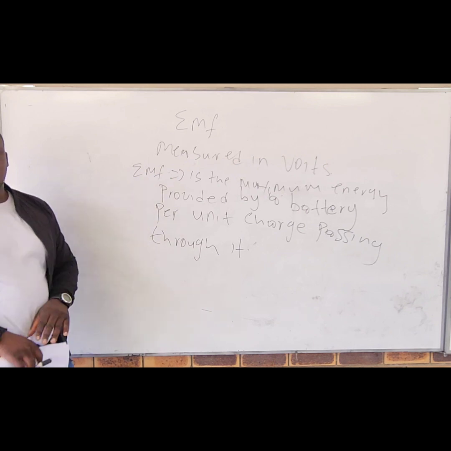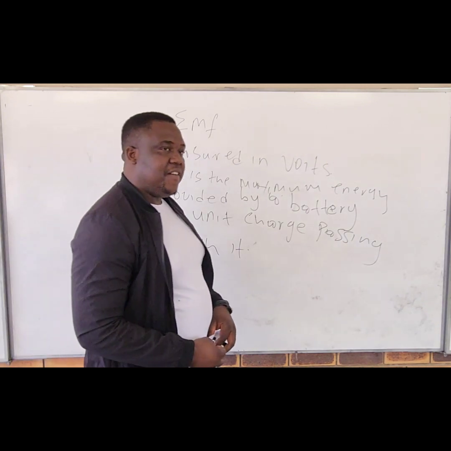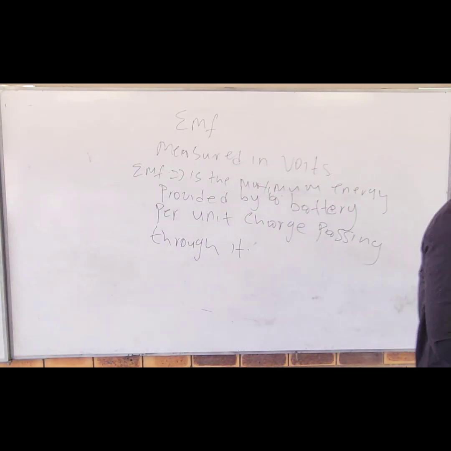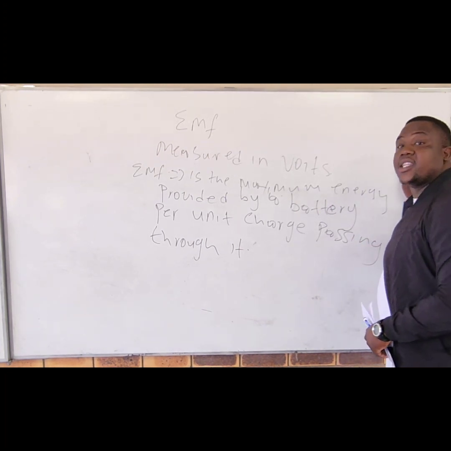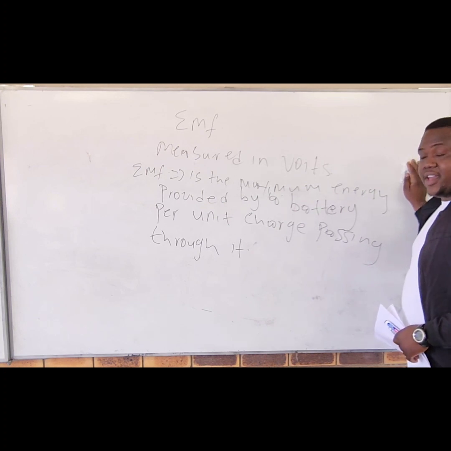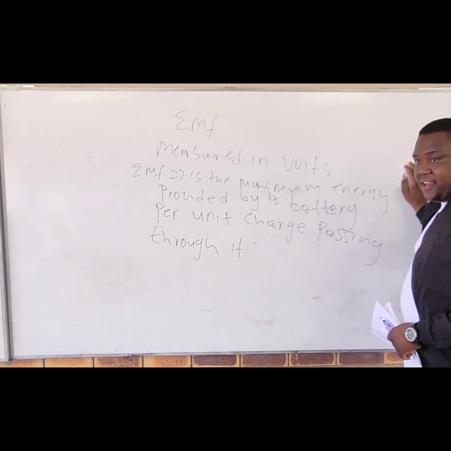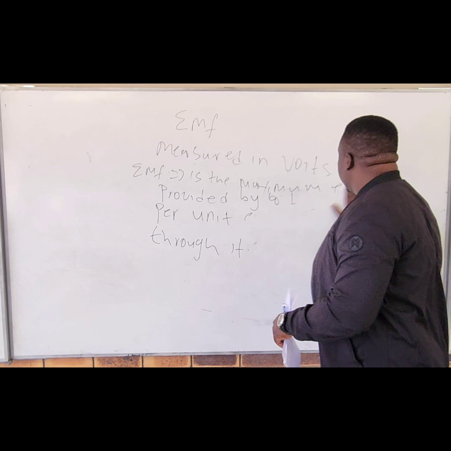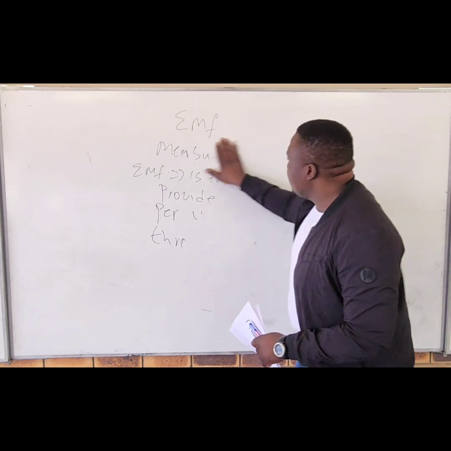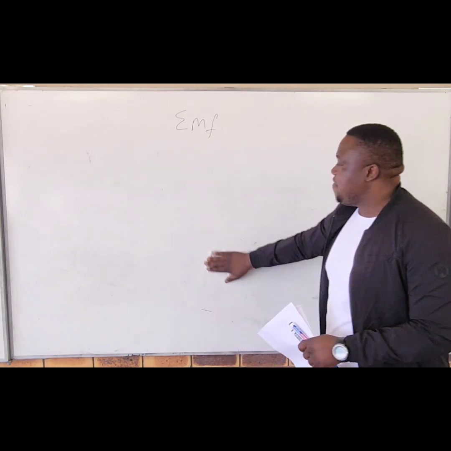That's how we expect you to define or state it in your exam, because that is according to the South African exam guideline. Okay, we need to explain what is happening with this EMF.